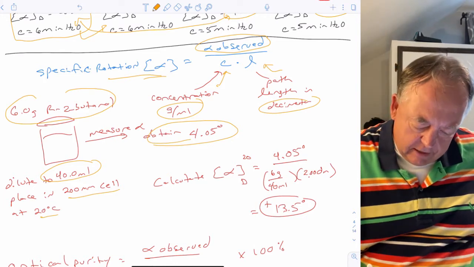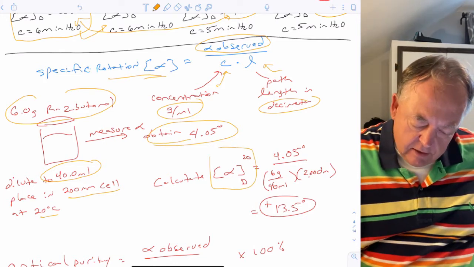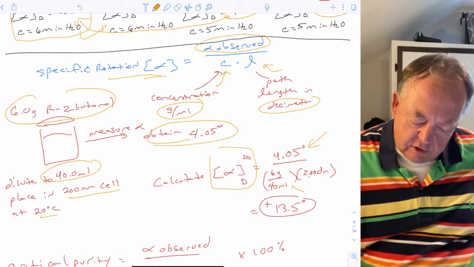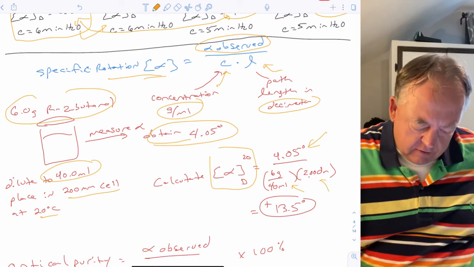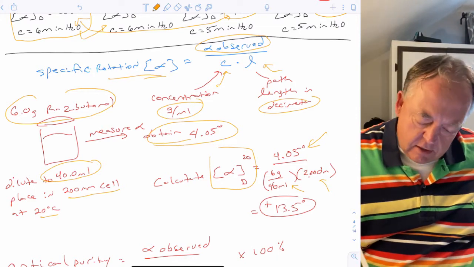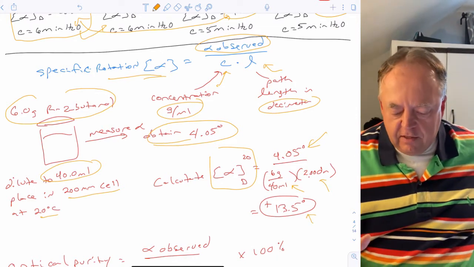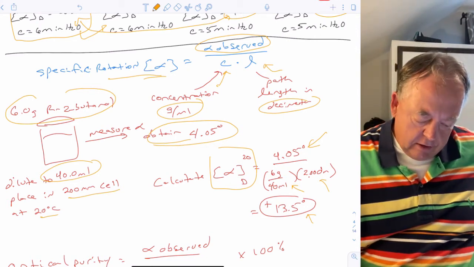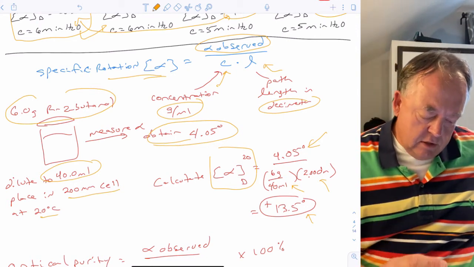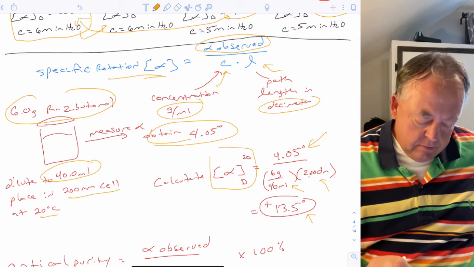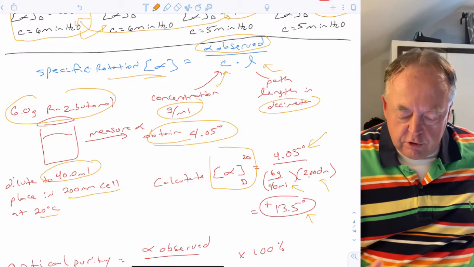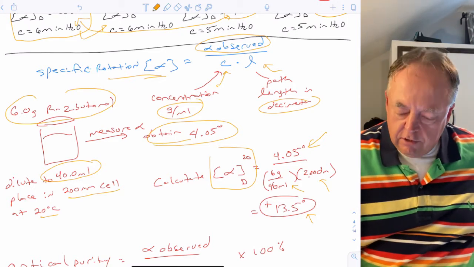Then if we calculate the specific activity, take what was observed, divide it by the concentration in grams per mil, and convert the path length to decimeters, then you get the 13.5. That's like a fundamental constant for the molecule, right? So long as you did the experiment at the same temperature and same light source, you should get the same degree of rotation.